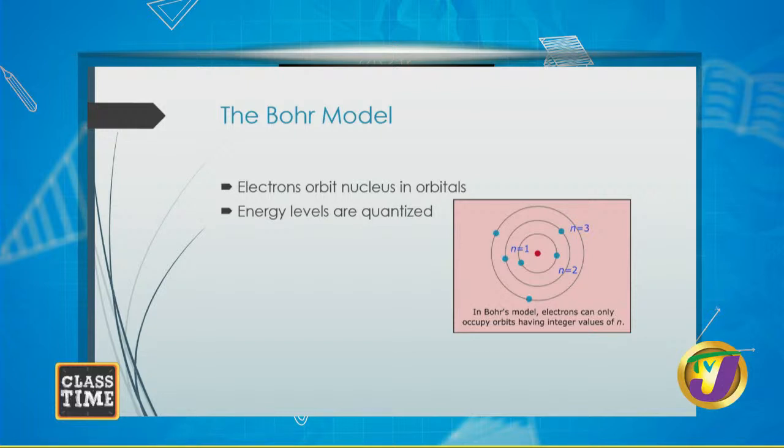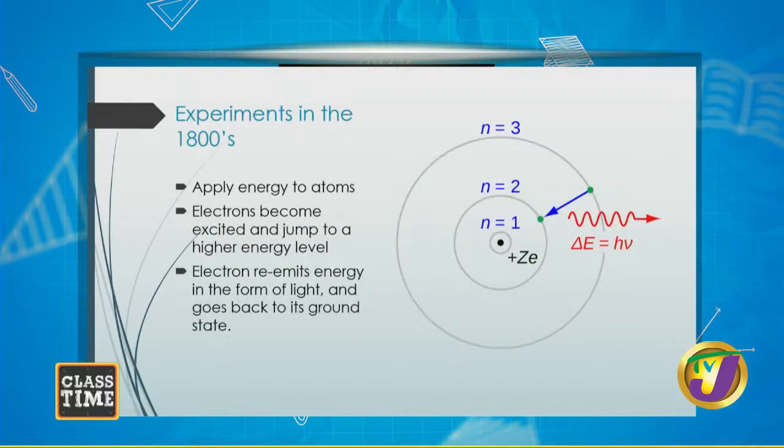Now, he also did some experiments where he exposed certain elements to energy in the form of fire and electricity, and he realized that each distinct element burned with a specific color. Now, what actually happens when this element is exposed to energy?